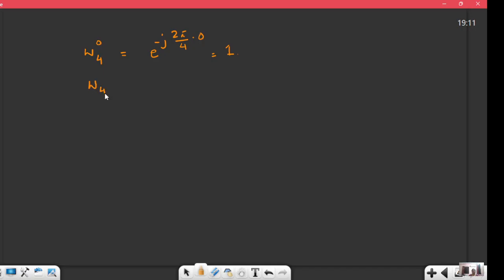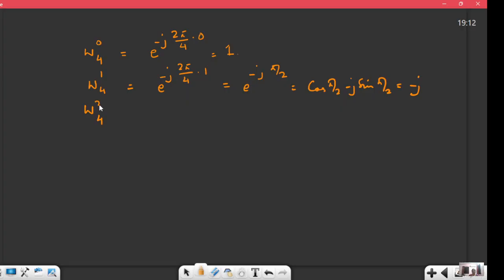What is W4^1? W4^1 is e to the power minus j 2 pi by 4 into 1, which is e to the power minus j pi by 2, which is cos pi by 2 minus j sin pi by 2, equal to minus j.